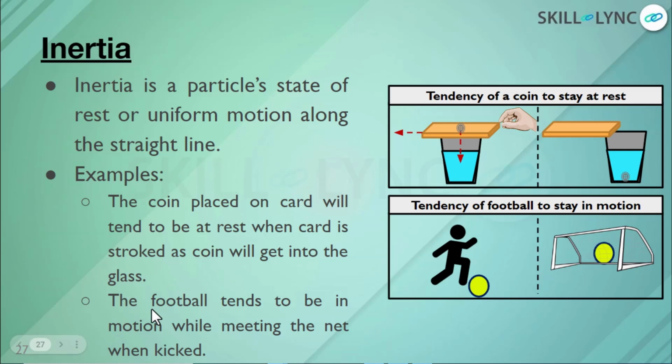The second example through which we can understand inertia is the football. Let's say the football tends to be in motion while meeting the net when kicked. So let's say that a football player was kicking the ball into the net.